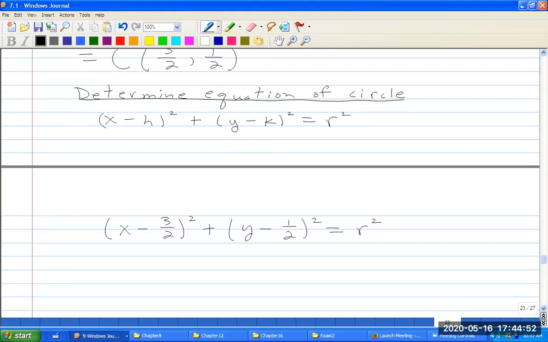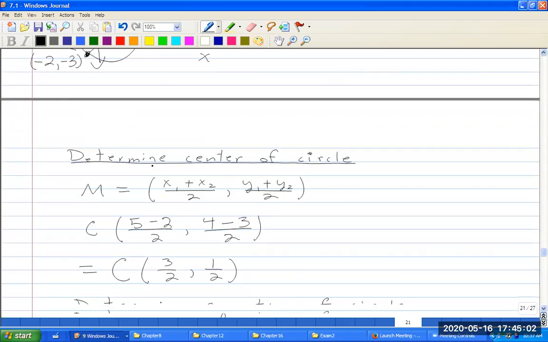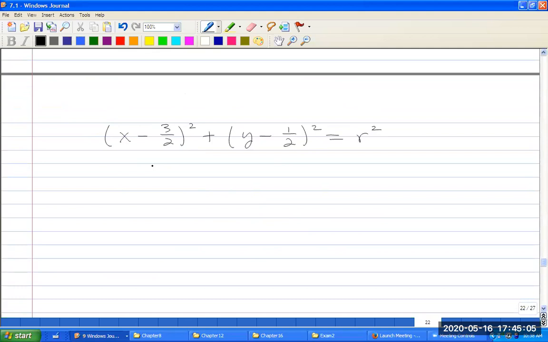So let's just plug in one of the points on my circle. I can plug in either of these 2 points. Maybe I'll plug in 5, 4 because they're positive numbers. So 5 minus 3/2 squared plus 4 minus 1/2 squared equals r squared.